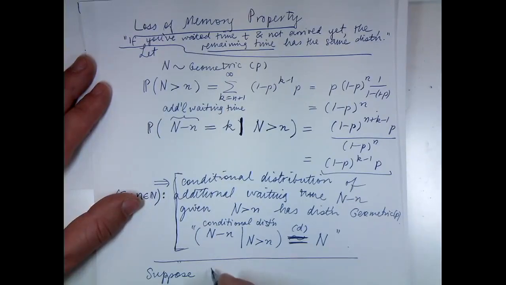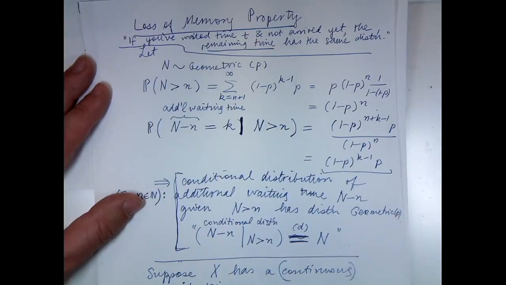So suppose X has a continuous distribution. I'm actually going to put continuous in brackets because we won't need that for the derivation; we could assume it has an arbitrary distribution.